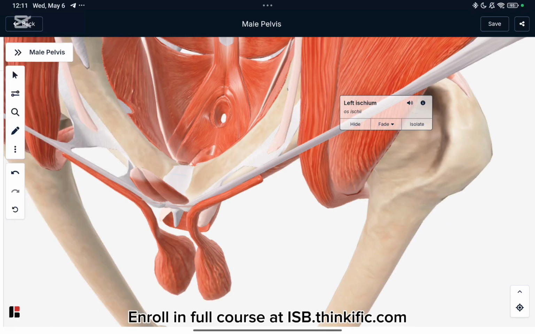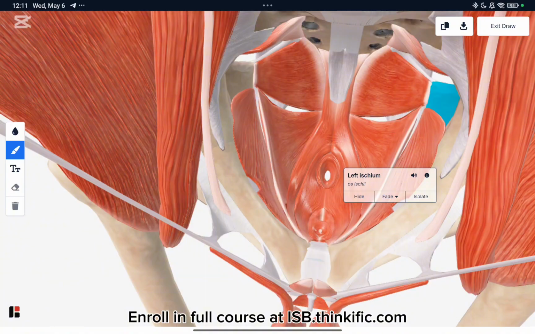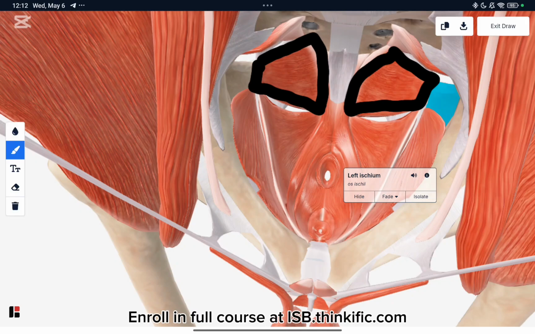Okay, bone is back. These two are collectively called the levator ani muscles. The second muscle of the pelvic floor is these two triangular muscles, referred to as coccygeus. Together they form this bowl-shaped muscular partition between the pelvis and the perineum.